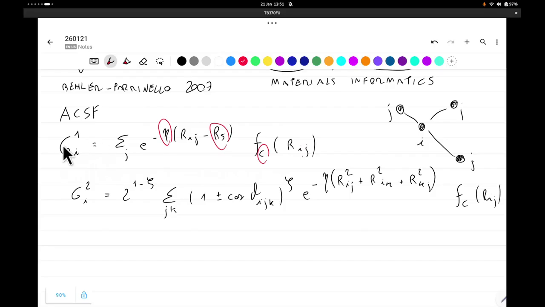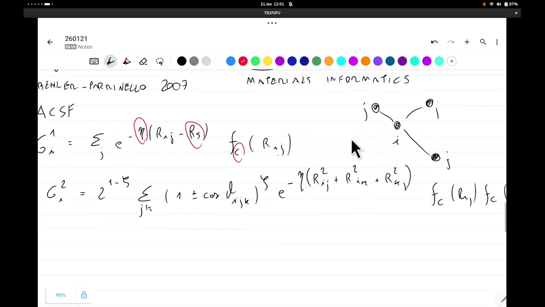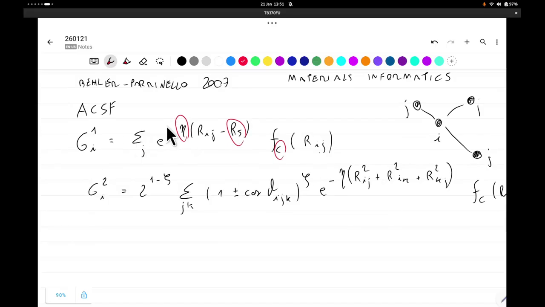So for each atom i, you would have a number that is basically a kind of summary of the distances of the neighbors, where they are. This is a function, and it is presented as a vector.